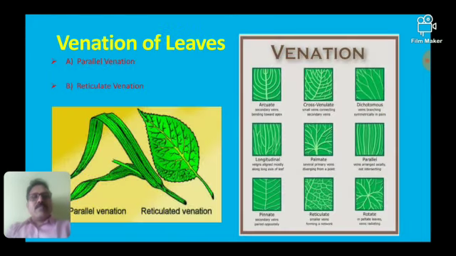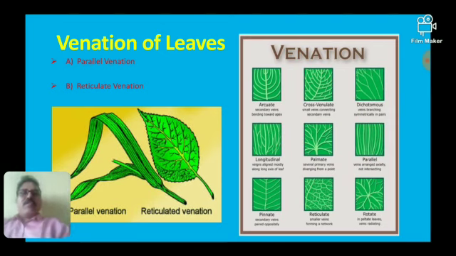Now let us see about the venation pattern of the leaves. Mainly the venations are of two types, that is parallel venation and the reticulate venation. So this is the parallel venation and this is the reticulate venation, and these are the different kinds of the venation patterns which are present in the different leaves.